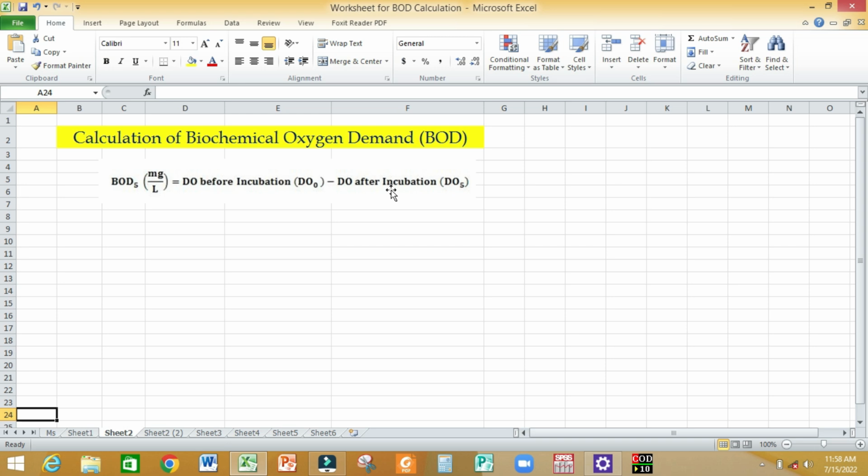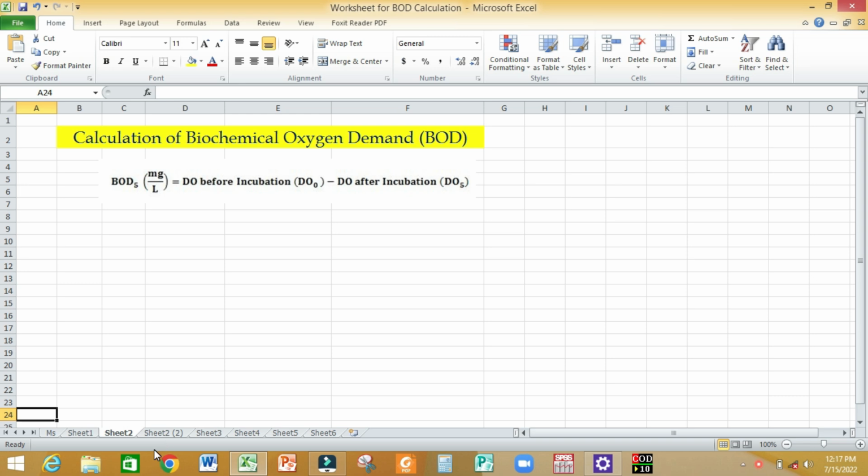Based on this formula, we can see that for acquiring the desired information, dissolved oxygen content before and after incubation is required. So for that, we have to incorporate the dissolved oxygen formula.